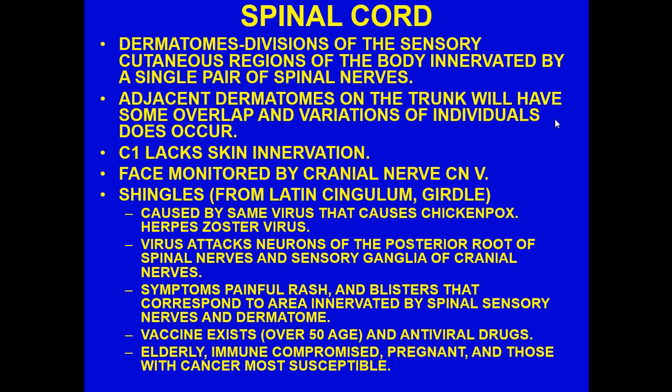Now, adjacent dermatomes on the trunk will have some overlap, and variations between individuals do occur. The only one that's unique is C1. It lacks skin innervation. The reason being is that the face is monitored for basically cutaneous sensation by cranial nerve 5. That's CN V, Roman numeral 5 there.